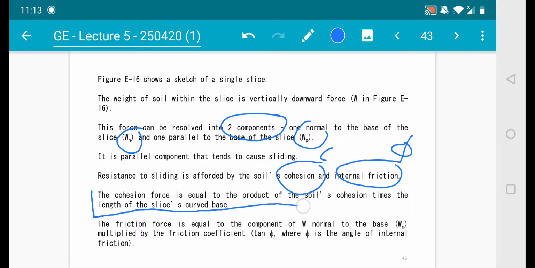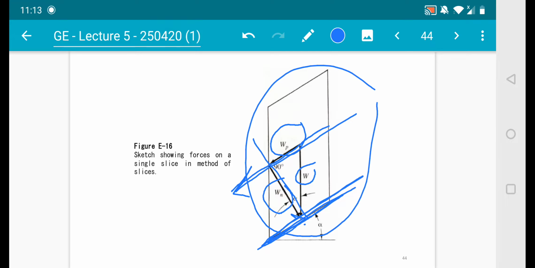So C is given by this statement. We're going to look at this later. Now the friction force is equal to the component of W normal to the base, Wn, multiplied by the friction coefficient. Let's look at a simple equation. Please remember how the different components work in this representative single slice.